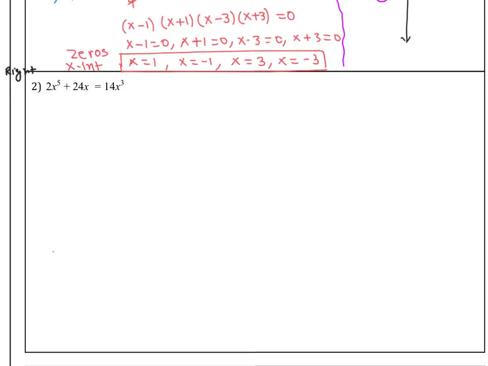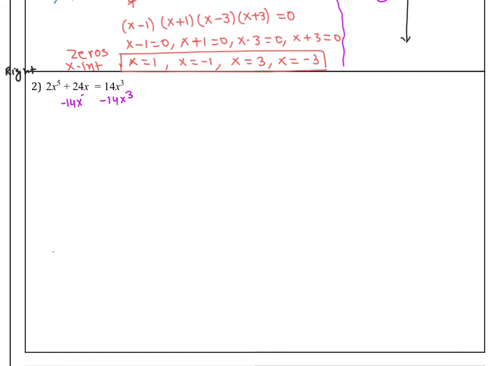I'm going to use number 2 as an example to find the x value. Again, I'm not going to graph this because it's not asking us to graph, but I'm going to solve for the x value. To solve this problem for x, you need to bring every term to one side of the equal sign. So you're going to subtract 14x cubed on both sides.